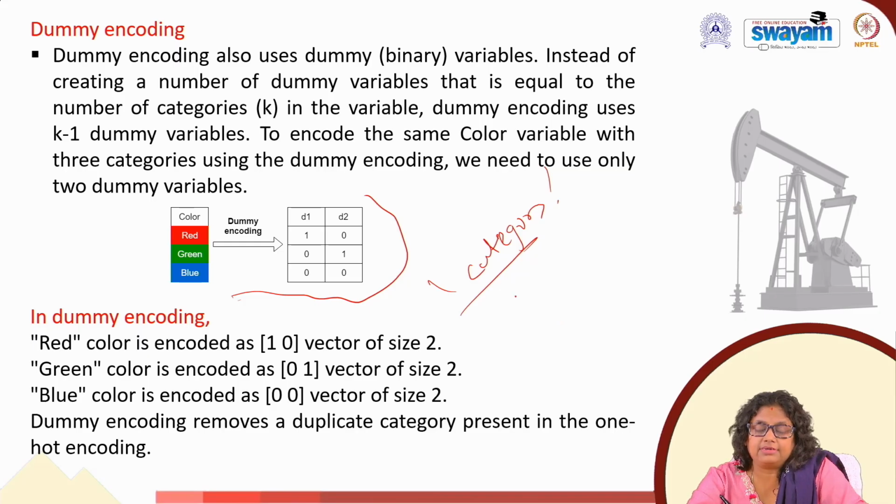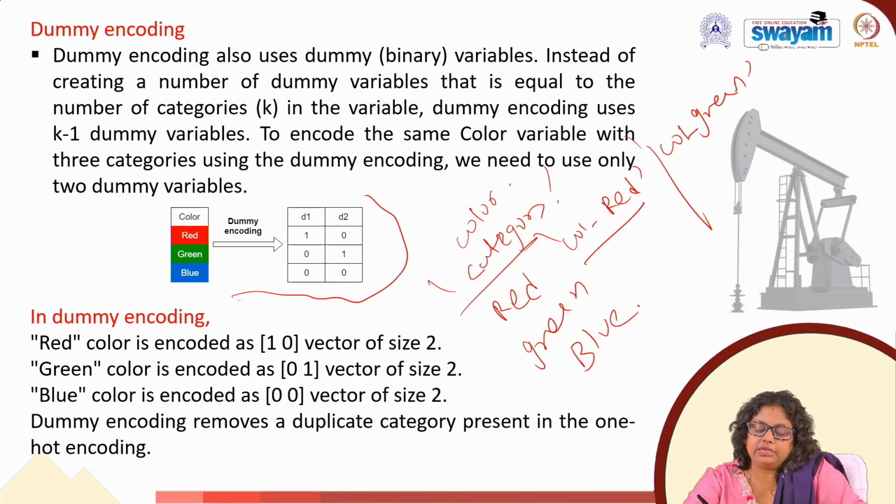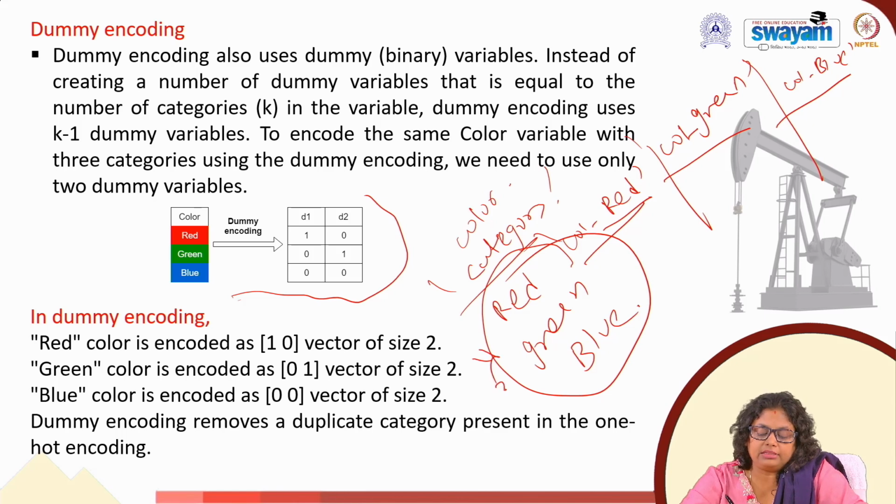If this category is color, and we have three colors, red, green and blue, and I go ahead with one hot encoding, it will create one column color_red, another column color_green, and a third column color_blue. So three columns get created.